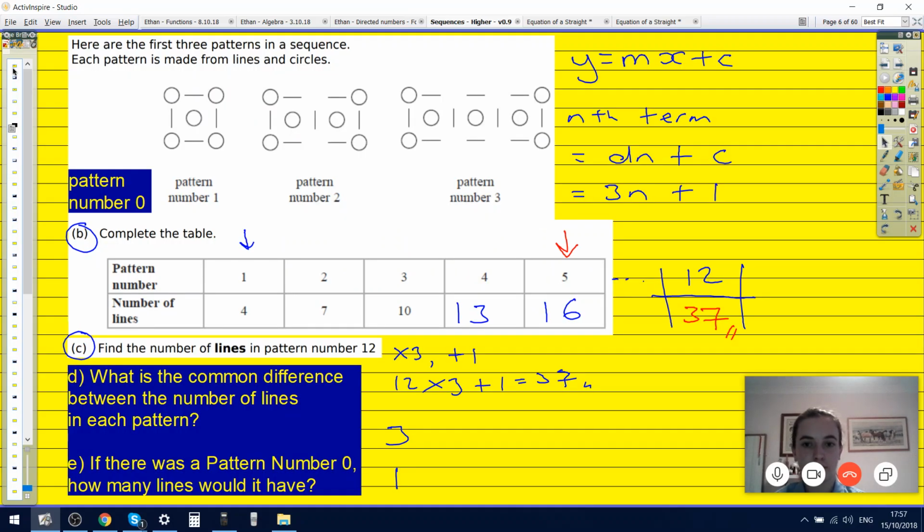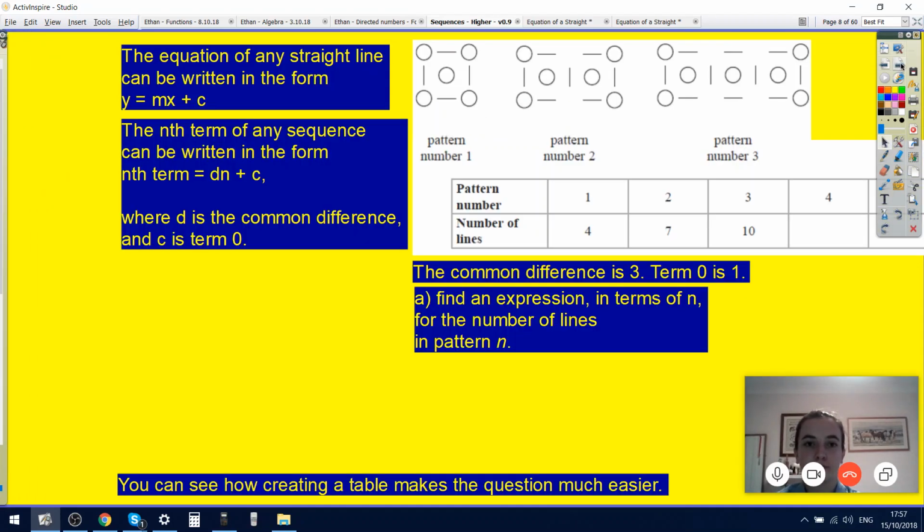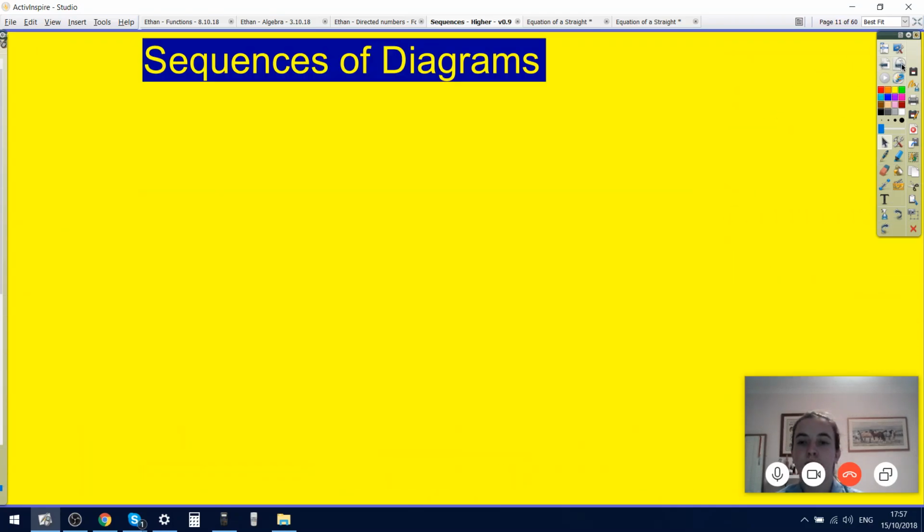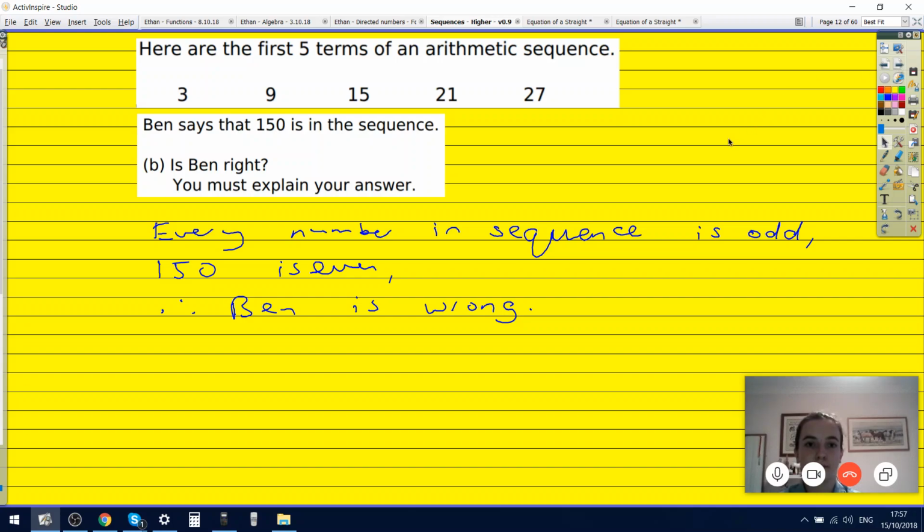How do you find the nth term for a sequence? The difference plus the term 0, the constant term 0. And yeah, dn plus c. So this was just tricky. Sometimes this is odd, and so that's easy, or even, and they're all odd.